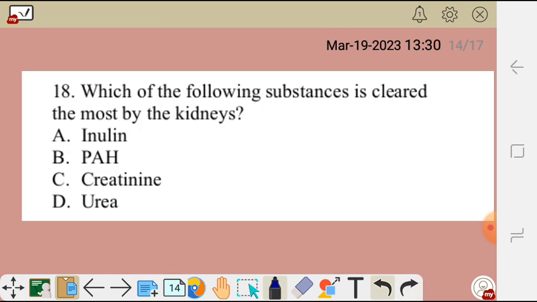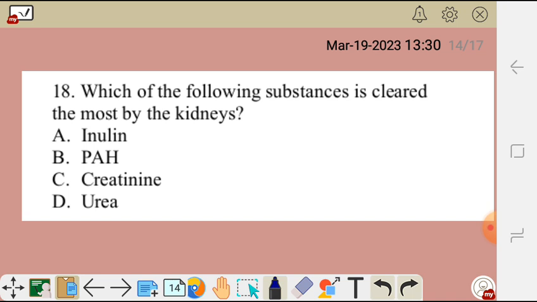Question 18. Which of the following substances is cleared the most by the kidneys? A, inulin, B, PAH, C, creatinine, D, urea. So which one among these is cleared the most by the kidneys? The one which is cleared the most is PAH. It is secreted completely, 100%.